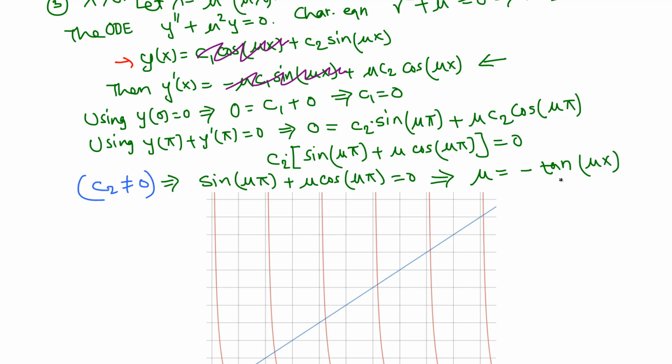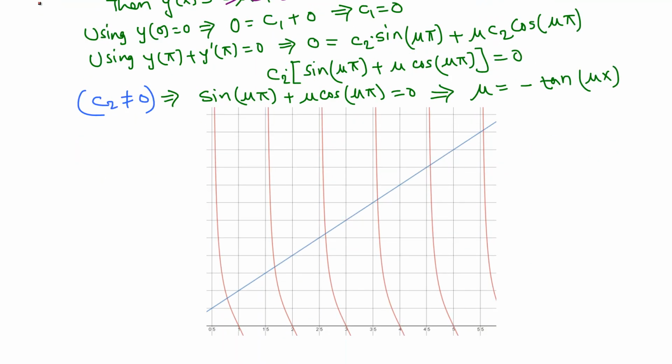Now to solve this equation, we graph two functions. So the graph is here, in fact. We take y1 equals x. So this one first, μ, we can take as simply x. So this one is y1, the first curve, equals x, and the second curve is negative tangent.